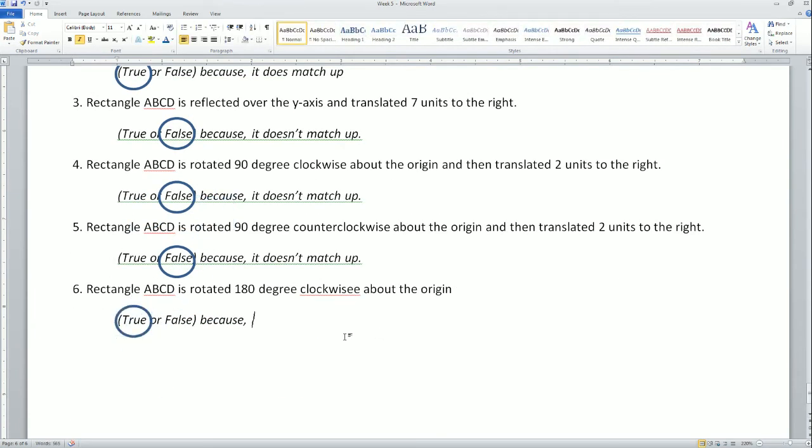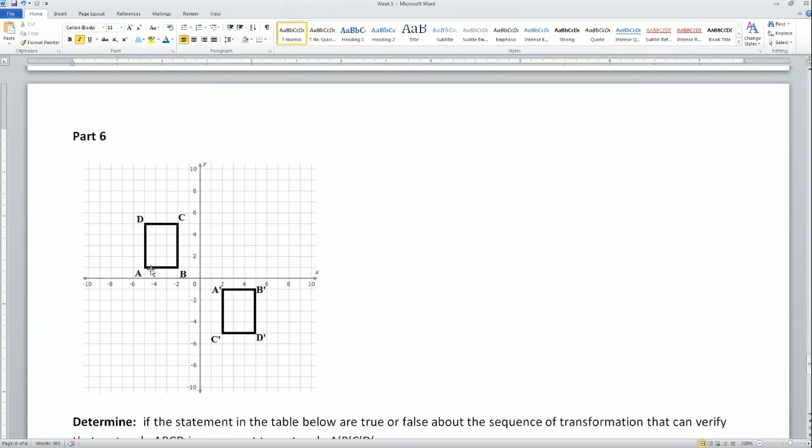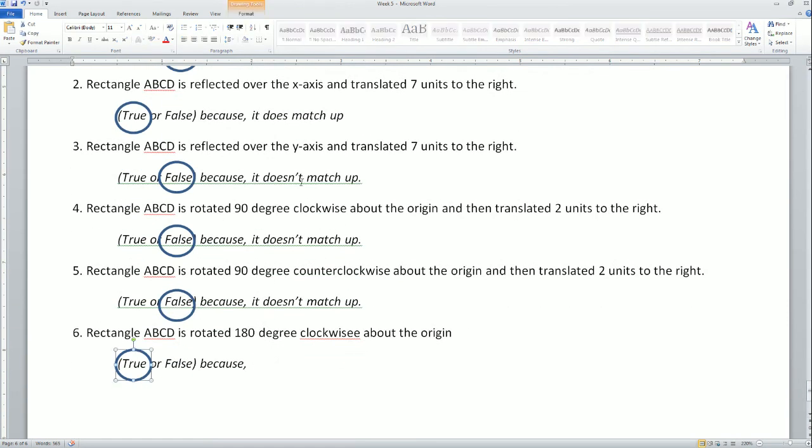Rotating 180 degrees clockwise is the same thing. So 1, 2, 3, 4, 5, 6, 7. So this is also true because it does match up.